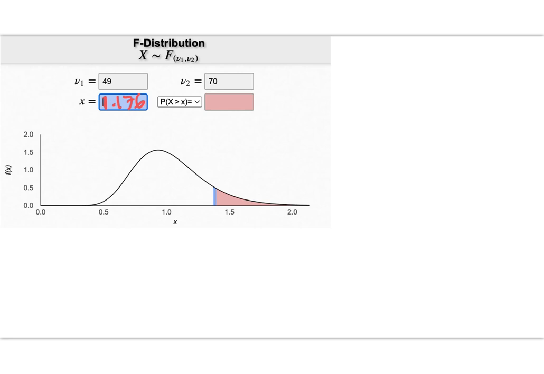And go to my calculator. Applets. Oh, need to go F test. It's just f.html. 49, 70, 1.176.